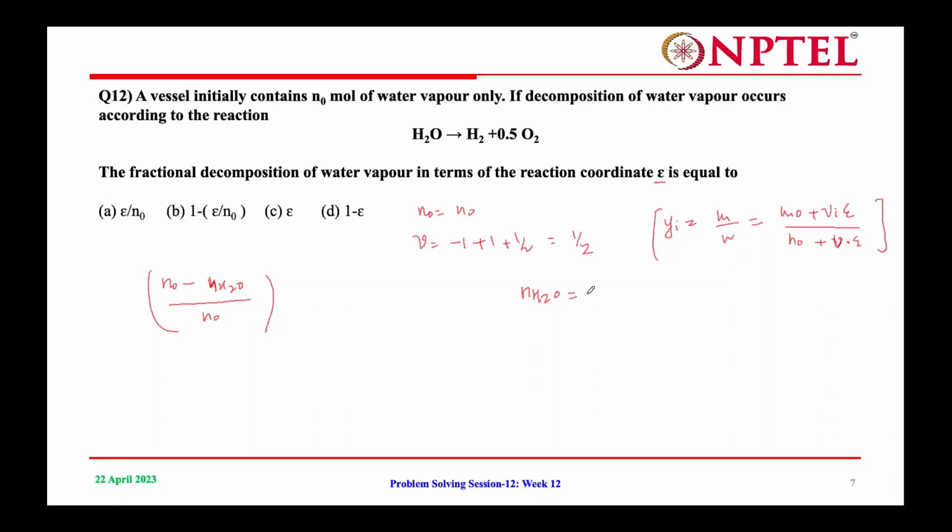Initially water present is n0, right. In the reactant the coefficient is negative, and its stoichiometric coefficient is 1.